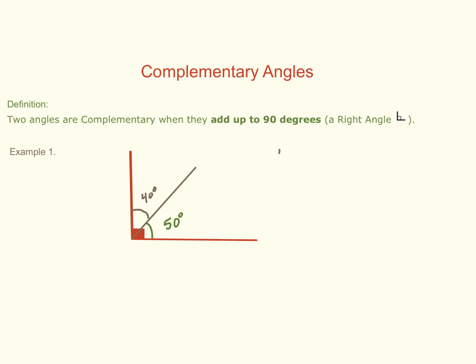Then we say that 40 degrees plus 50 degrees equals 90 degrees. So we can say that this is a right angle. Therefore, they are complementary.